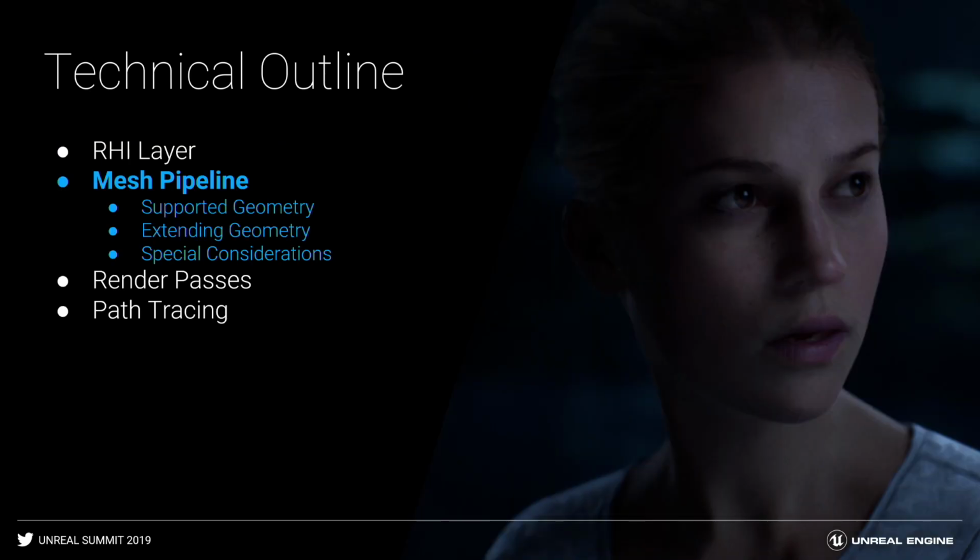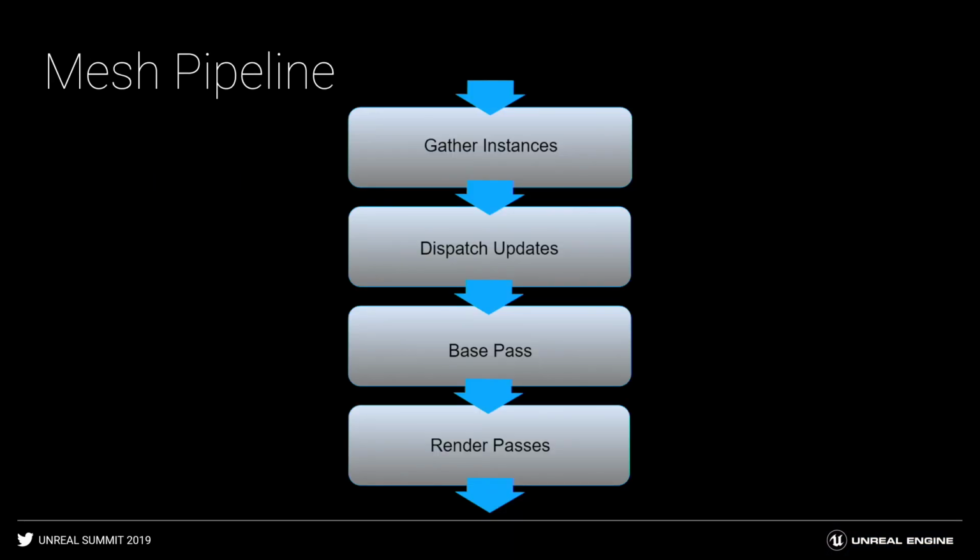Okay, so let's look at what happens in a frame and some geometry considerations. At the beginning of a frame, we have to gather all the geometry instances to assemble them into the ray tracing scene. We reuse previously cached static data, and we build new dynamic data.